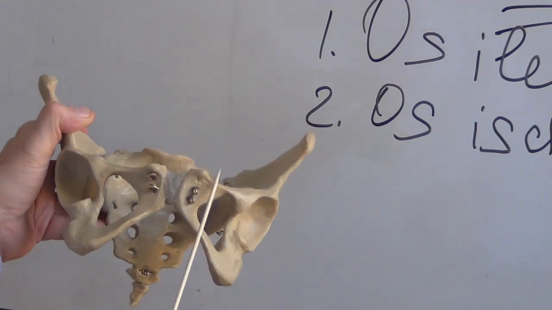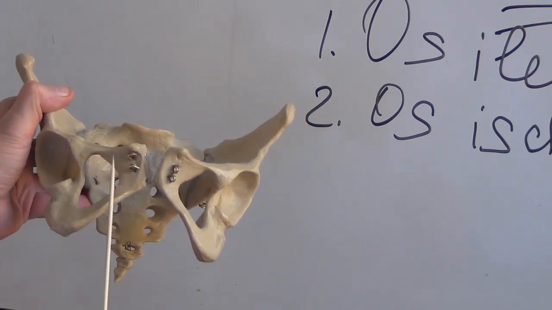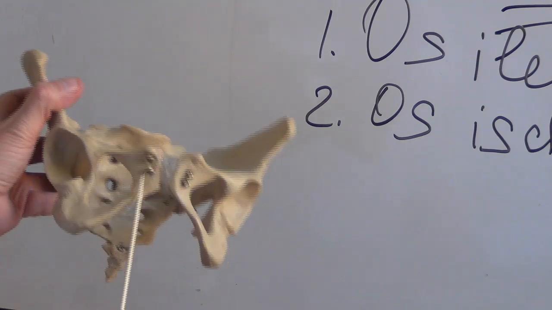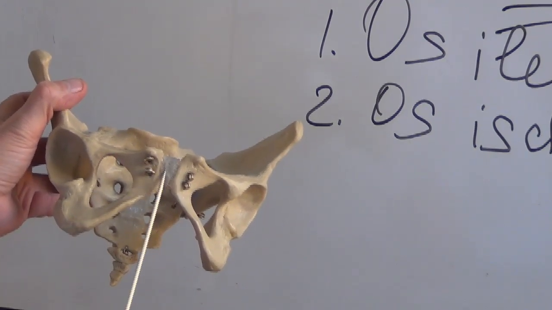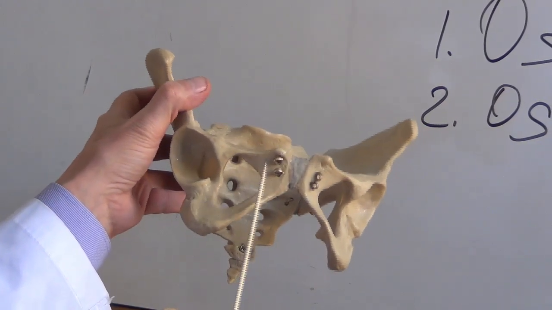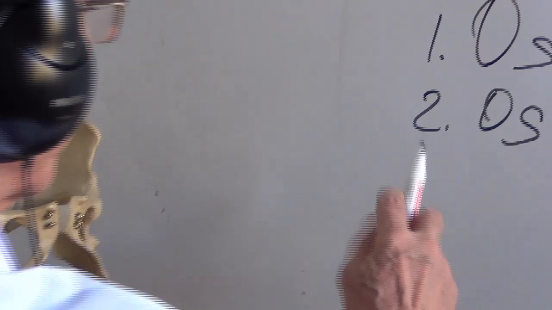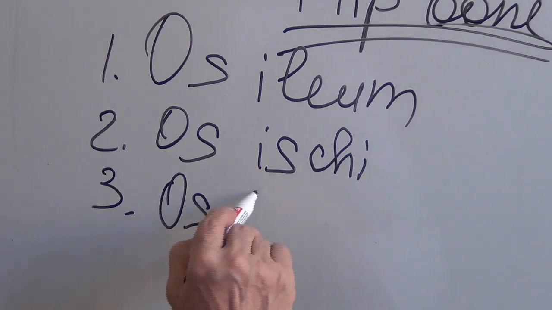And you know that from the front side of the pelvis we can find so named mons pubis, where inside is located os pubis, pubic bone, number 3.